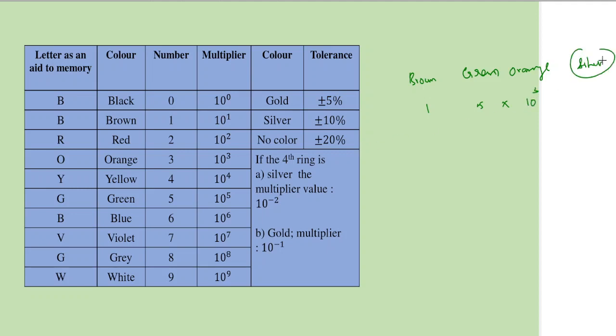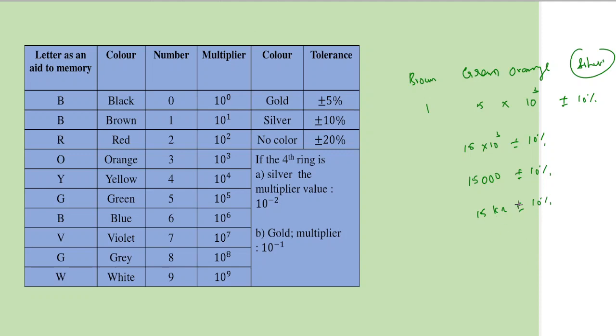The last is tolerance. It is silver here. Silver stands for plus or minus 10%. So it's 15 into 10 power 3 plus or minus 10%. So it becomes 15,000 plus or minus 10%. Now this is nothing but 15 kilo ohm. It becomes 15 kilo ohm plus or minus 10%.